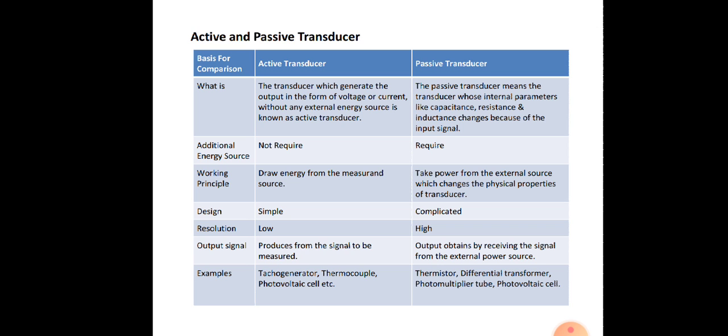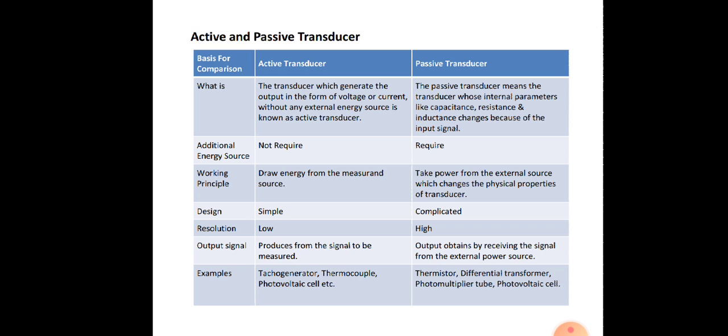Directly, we'll see what active and passive transducers are by seeing the differences between them. What is an active transducer? An active transducer is one which generates the output in the form of voltage or current without any external energy source being used. Here no additional energy source is required for the active transducer to generate the output.